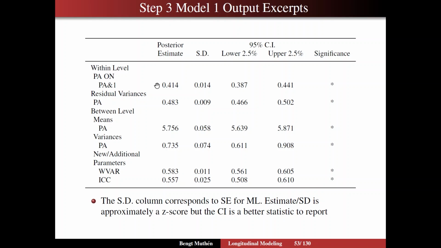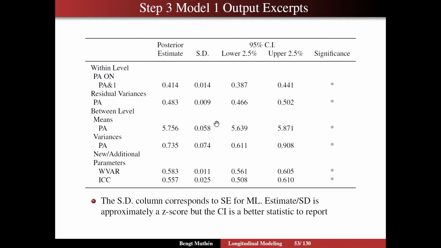And you have the standard deviation of the posterior distribution, which conceptually corresponds to the standard error for maximum likelihood. So therefore, the estimate divided by the standard deviation is approximately a normal z-score. So you can think of it that way.